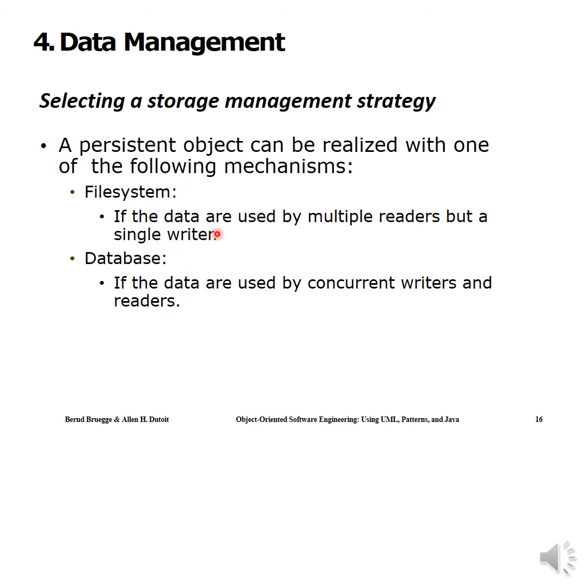We use flat files or a file system for a huge volume of data. For example, if there are images in your data set, or if the data are used by multiple readers but a single writer, then this option is better.